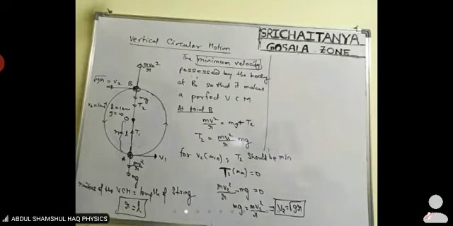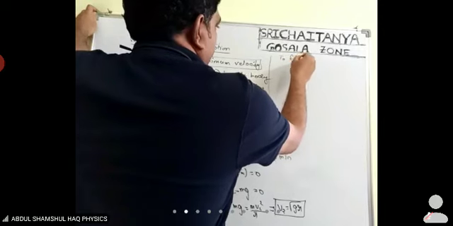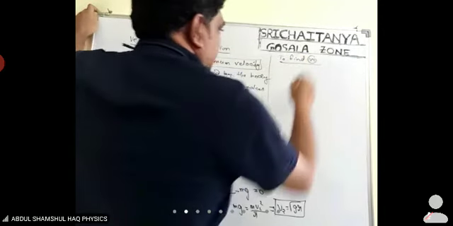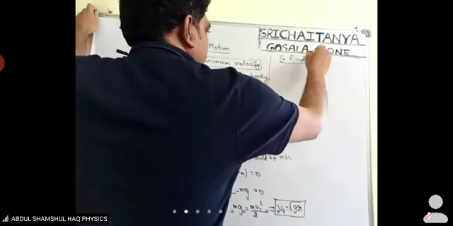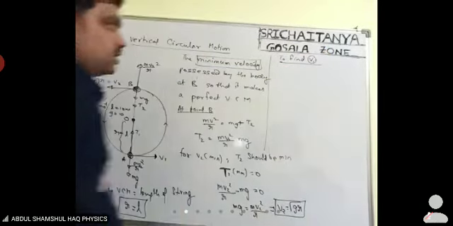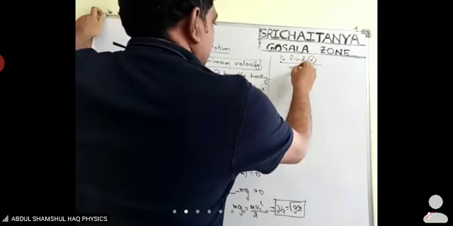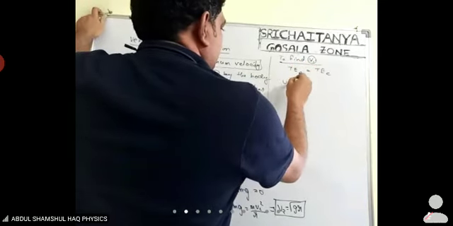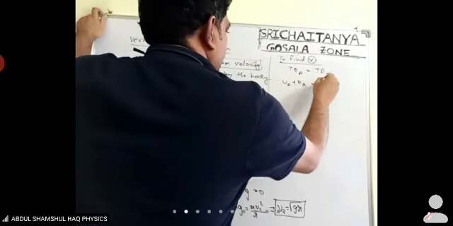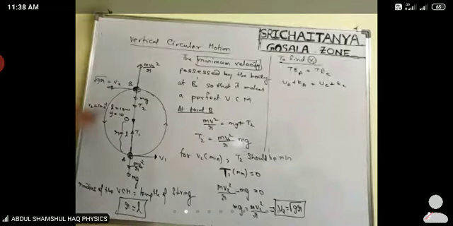Okay, students, now let us try to find V1. To find V1, what we are going to do here is equate the total energy at location A and location B. Total energy at A is equal to total energy at B. That is potential energy at A plus kinetic energy at A equals potential energy at B plus kinetic energy at B. So what is potential energy at A here?